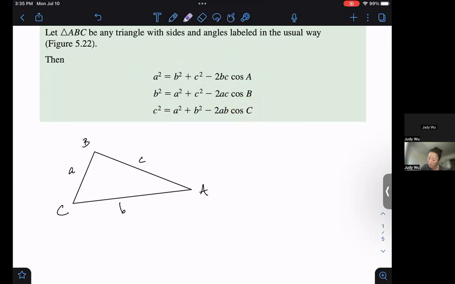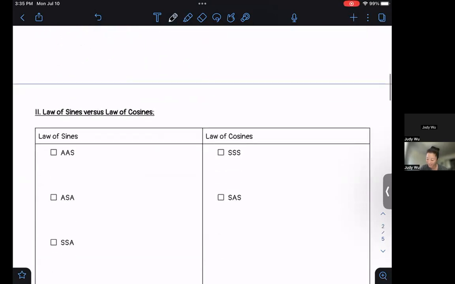Just keep in mind that you've got your angles, and you've got your sides, and it's really important that we keep track of the uppercase letters versus the lowercase letters. Okay, so let's go ahead and get started.